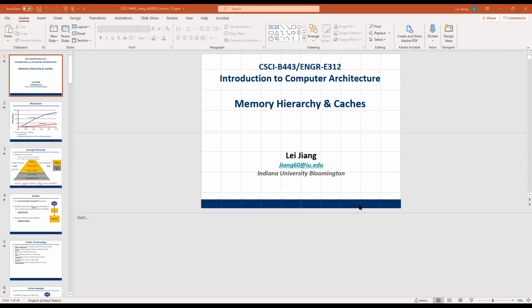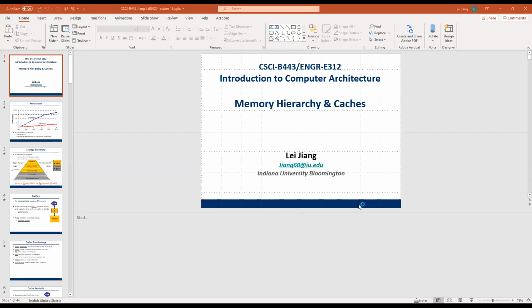Last time we talked about pipelining, the core pipelining, the 5-stage pipelining. So we completed the introduction to the CPU core. For the CPU core, the biggest issue is the pipelining.